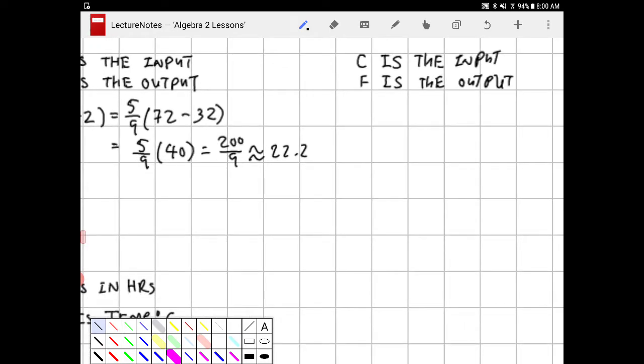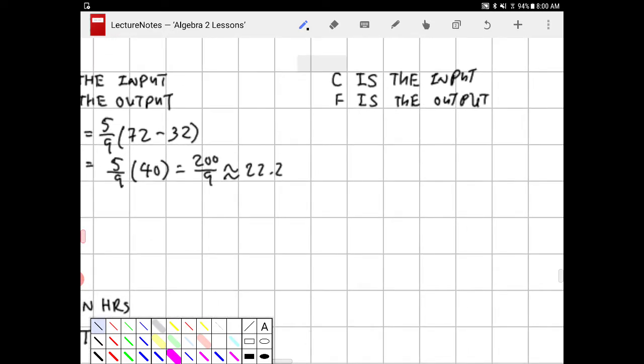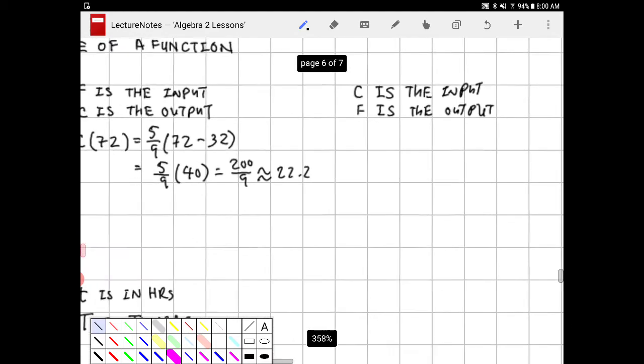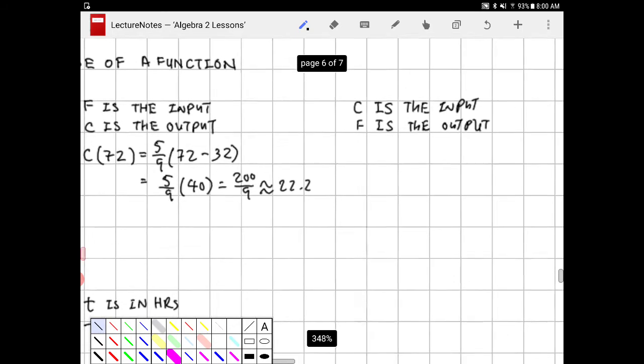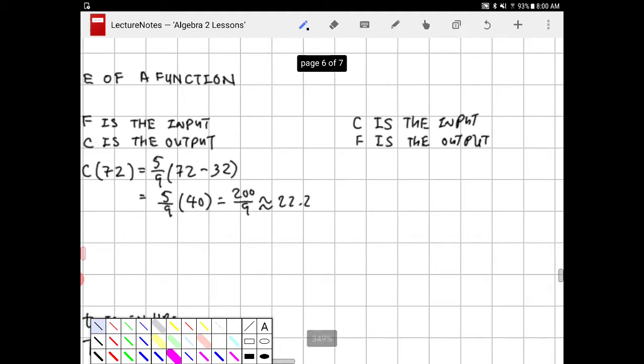Why? Suppose you went to a foreign country and all the temperature readings were in Celsius, and you wanted to figure out what exactly is 15 degrees Celsius? I don't know. There's no real perspective on things because you didn't grow up using degrees Celsius. So what would 15 degrees Celsius be in Fahrenheit? That'll give you a better sense of what the temperature is outside.